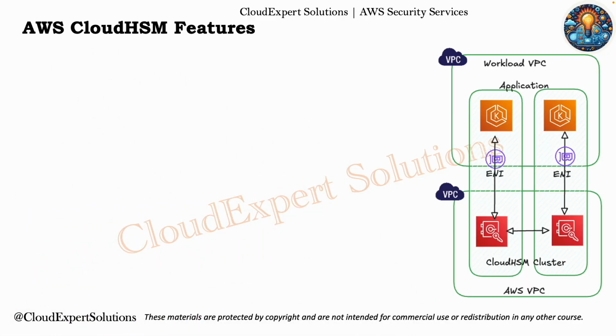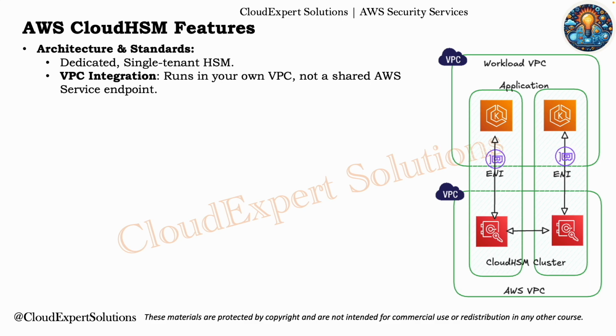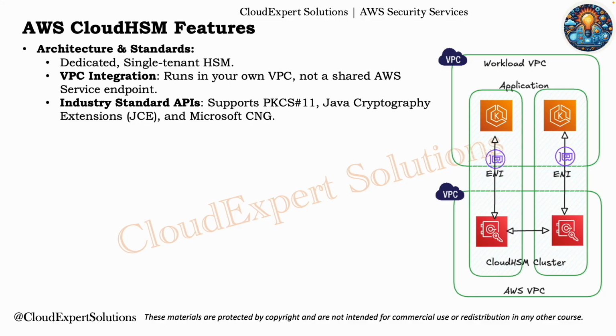Now let's review what makes CloudHSM special. First, it's single tenant, which means dedicated only for you, and you are not sharing the hardware with anyone. Second, it lives inside your VPC, which means it has a private IP and you control the network access. Third, it supports industry standard APIs.